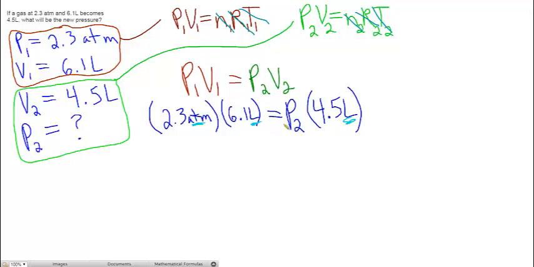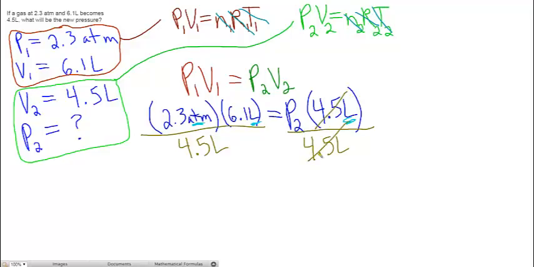So next step, I'm going to try and get P2 on one side of the equation alone. Therefore, I'm going to divide by my 4.5 to get rid of it on this side. And whatever I do to one side, I have to do to the other side. Rules of algebra.